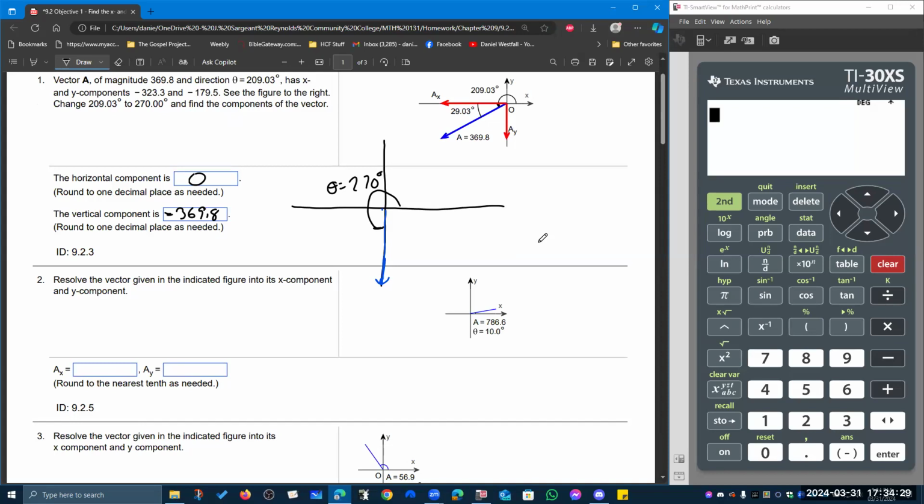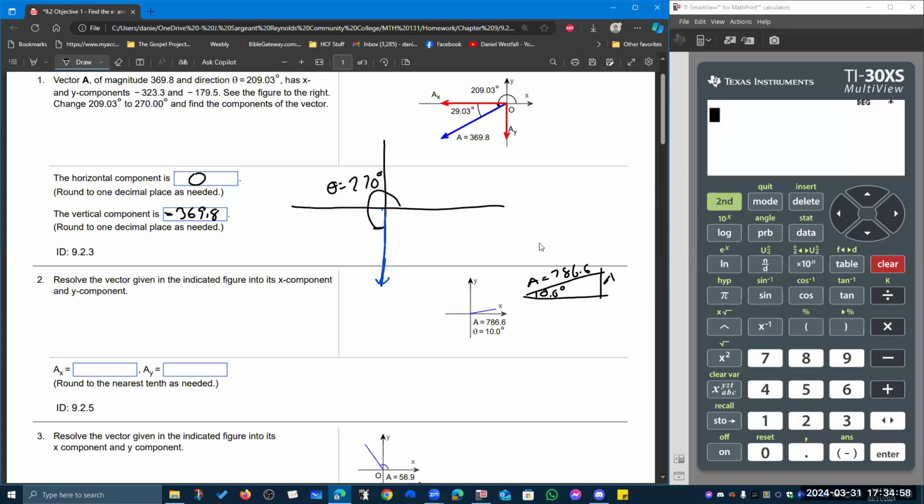All right, let's go ahead and keep going here. Let's resolve the vector in the indicated figure. We're going to draw a right triangle here with 10.0 degrees here, and we're going to call this side A. We have that measurement that A is equal to 786.6.